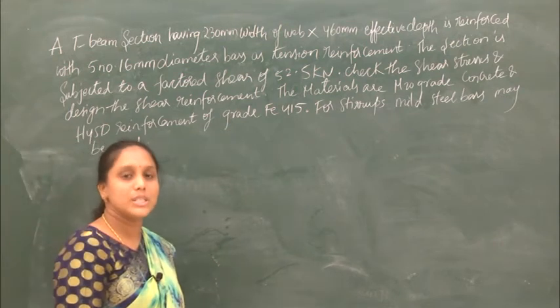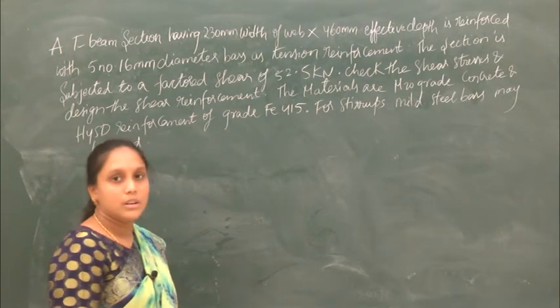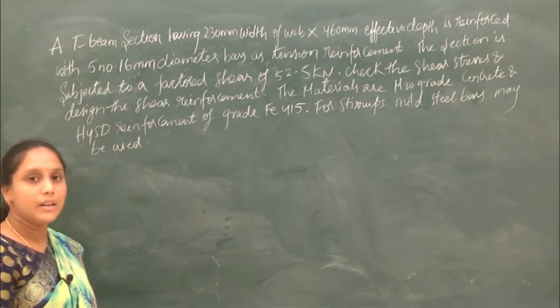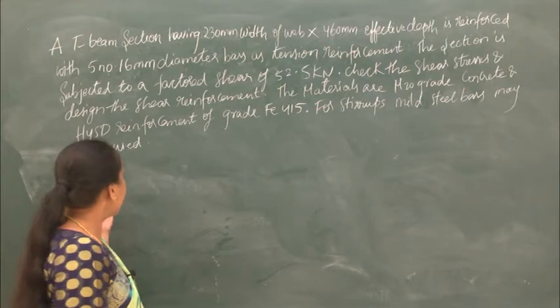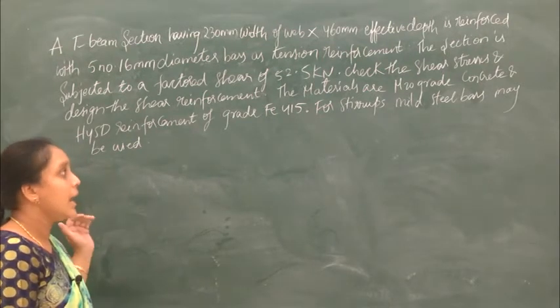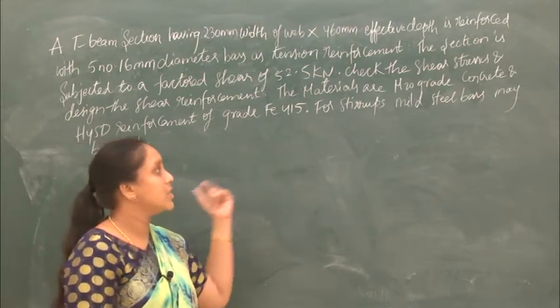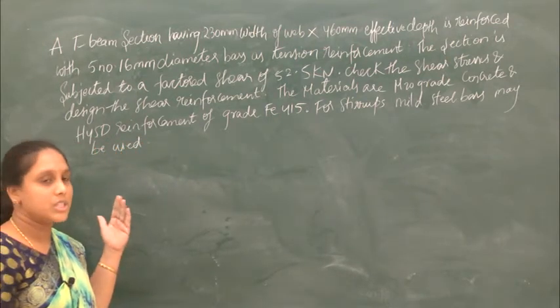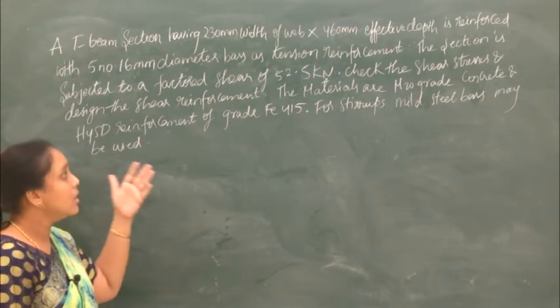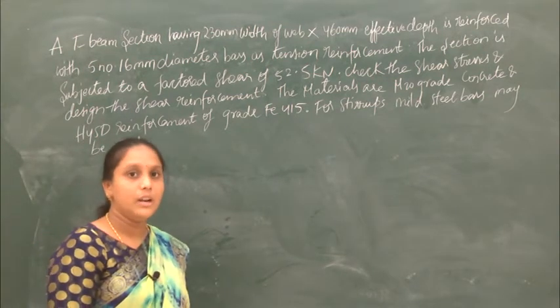Here it is asked to design the shear reinforcement, if the materials are M20 grade concrete and Fe415 grade steel. And here he has mentioned the grade of steel for the stirrups also. For the stirrups he is asking to provide mild steel bars.